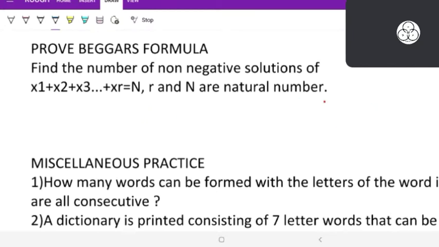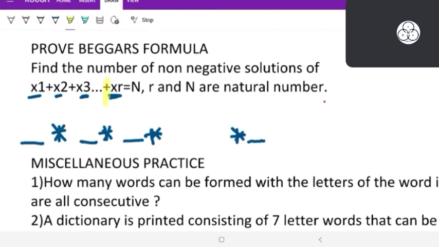So how will we prove this? Nothing difficult at all. Let us consider x1, x2, x3, xr as boxes. This is the first box, this is the second box, this is the third box, this is the rth box. Say these boxes are separated by stars. So how many stars are there? Just for a moment, let us forget the xr part.